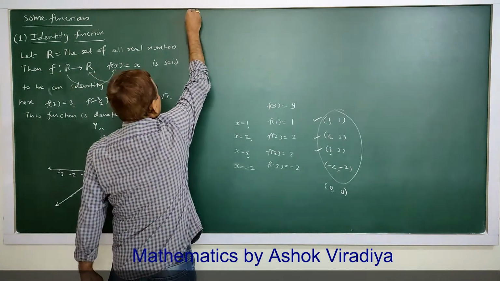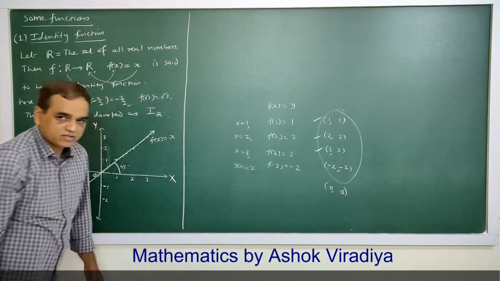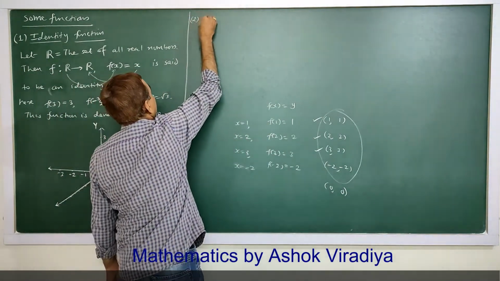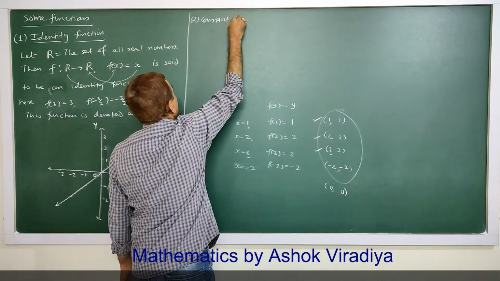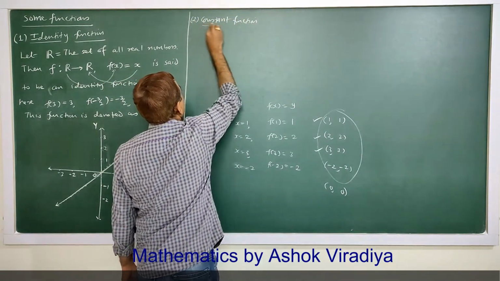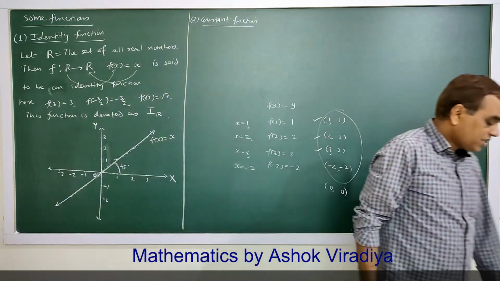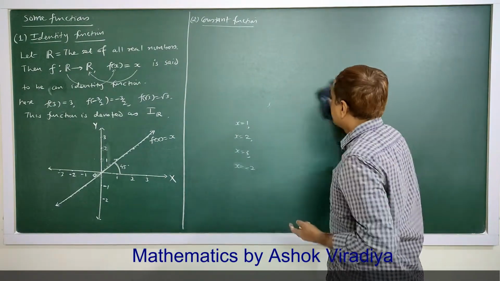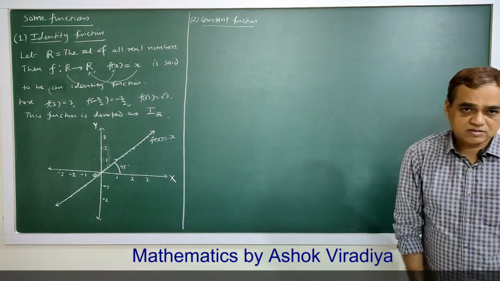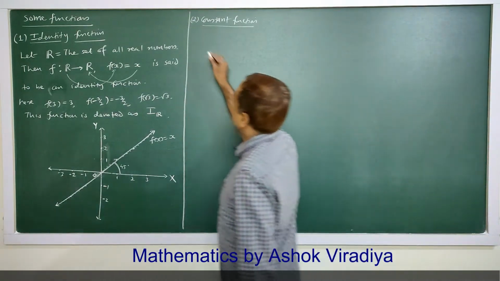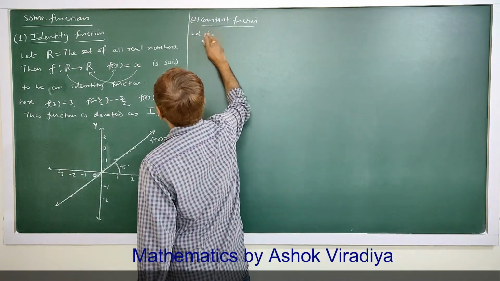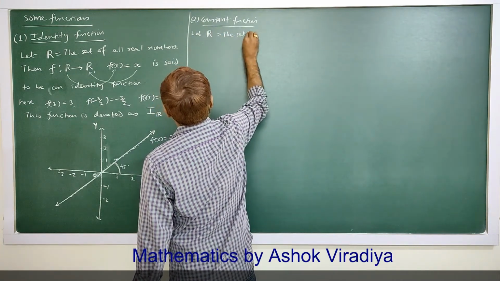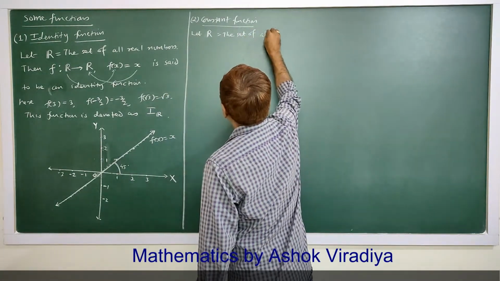Now the second function we are taking is the constant function. See, in the name of this type of function, the meaning is clear. Here let R be, again we are taking R, the set of all real numbers.